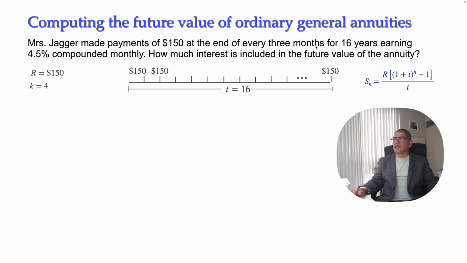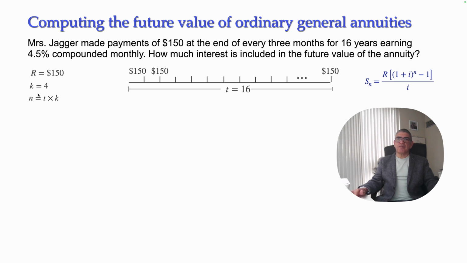Let's continue reading. This is given for 16 years, so it means that the term is 16 years, and you can find n now. n equals 16 times 4, so 64. Remember, n is always the term, the time of the annuity, multiplied by the number of payments per year.